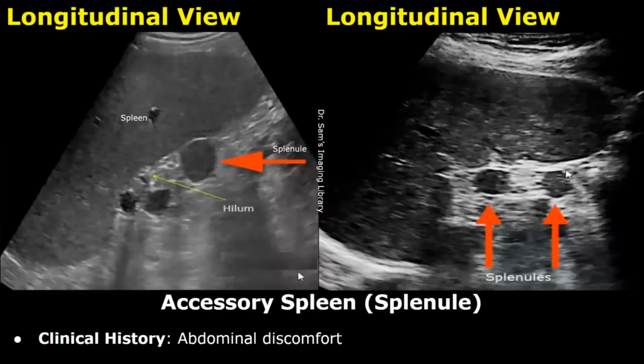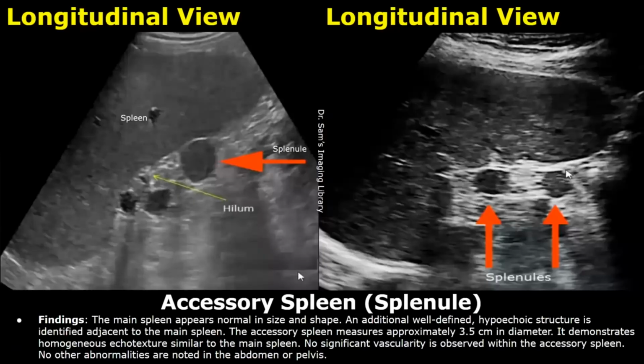The clinical history in this example is abdominal discomfort. These are the findings. The main spleen appears normal in size and shape. An additional well-defined hypoechoic structure is identified adjacent to the main spleen.